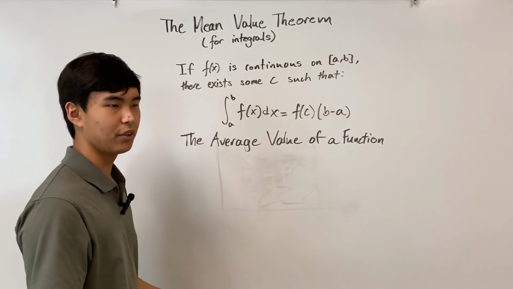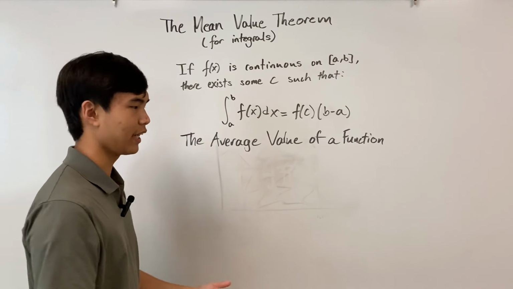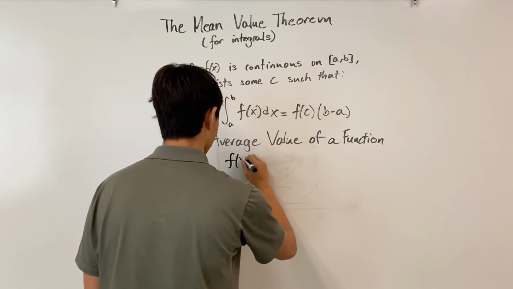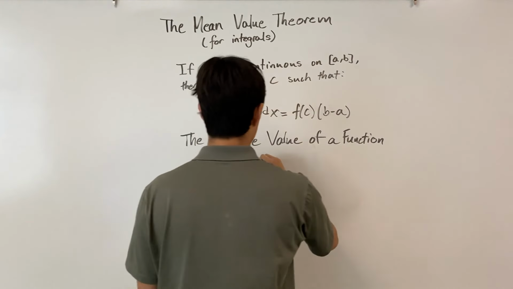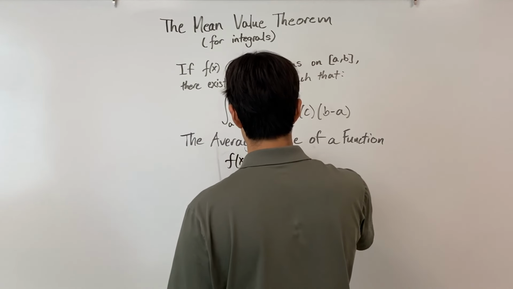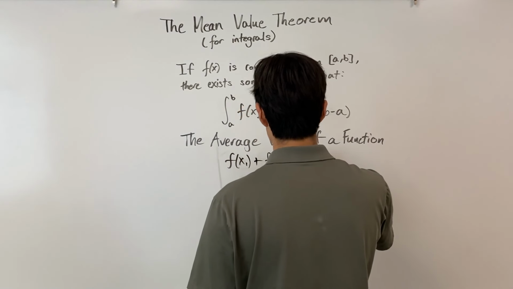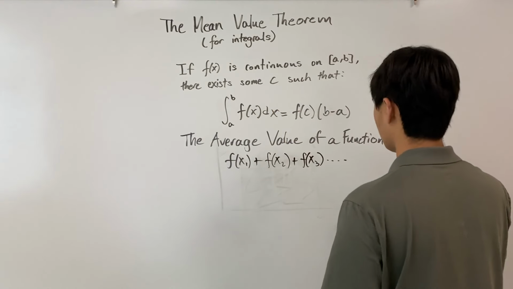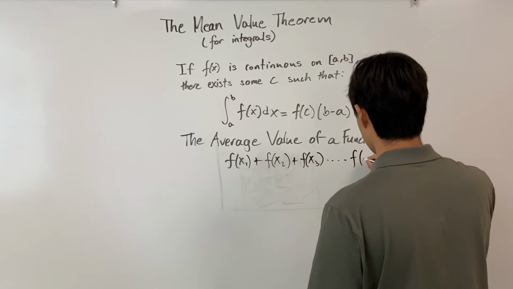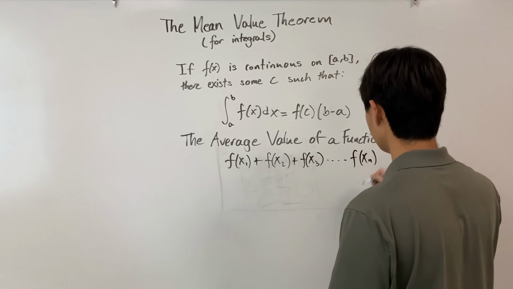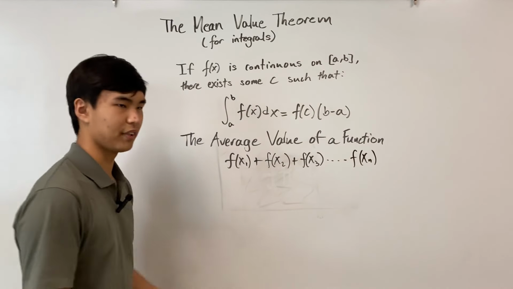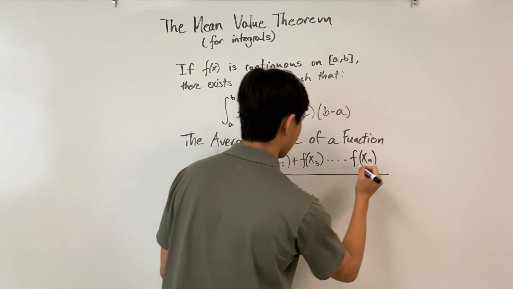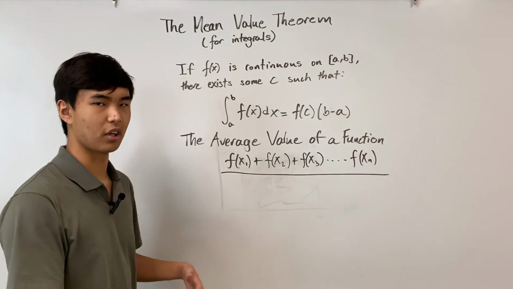Since addition doesn't depend on order, we can just label these values as f of x1 plus f of x2 plus f of x3 all the way until we have summed n function values. This is our numerator for our average.